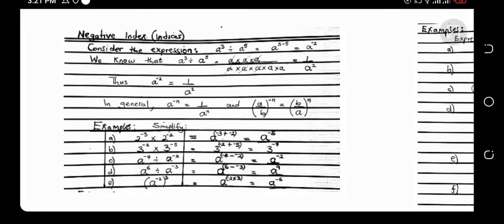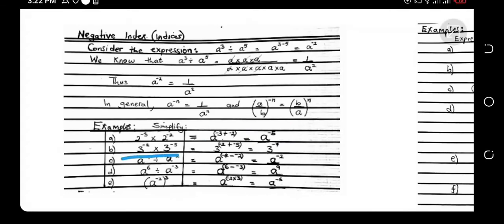After that, let us look at some examples. Simplify the following. We have 2 to power negative 3 times 2 to power negative 2. We apply the laws of indices: during multiplication of indices, we add the powers, so the answer is a to power negative 5, negative 3 plus negative 2.